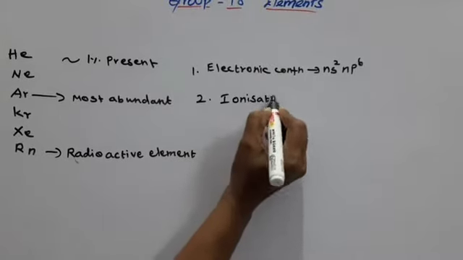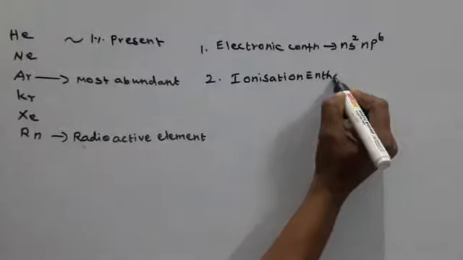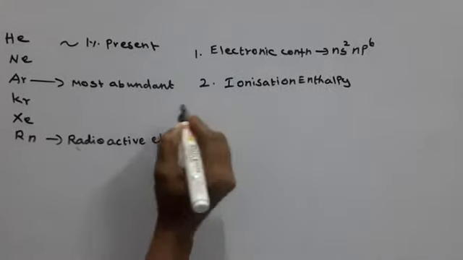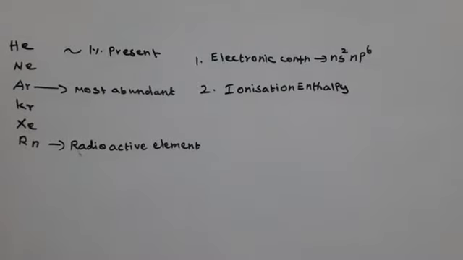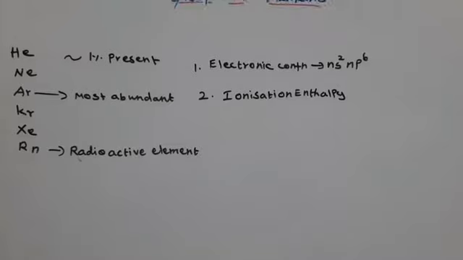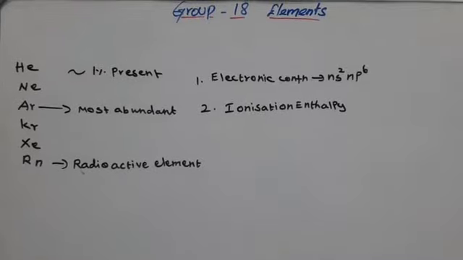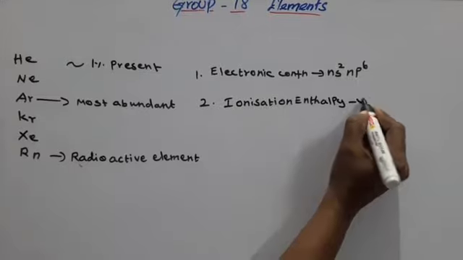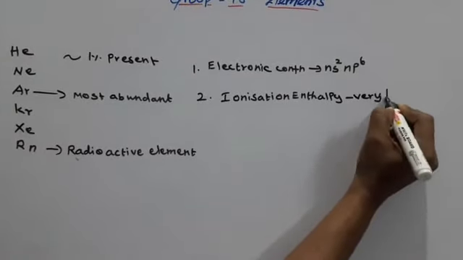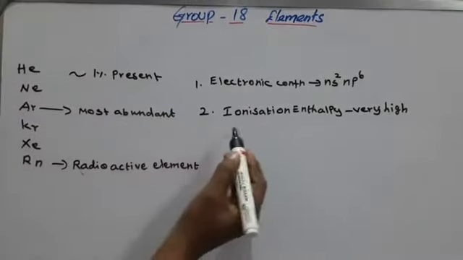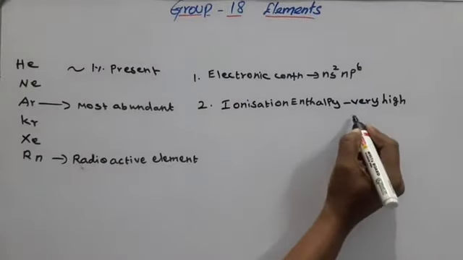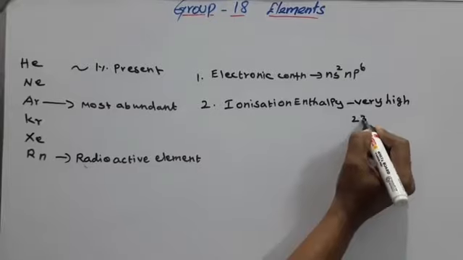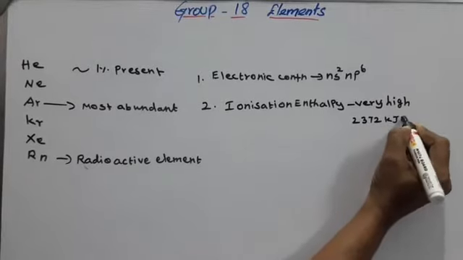The second property is ionization enthalpy. Compared to other groups of elements, group 18 elements have a very high ionization enthalpy along the period, especially helium, whose ionization enthalpy is 2372 kilojoule per mole.